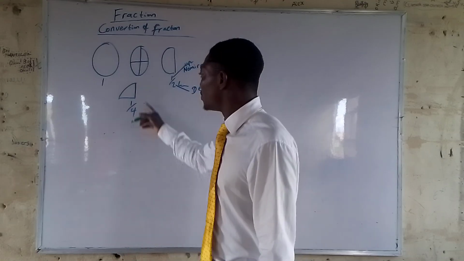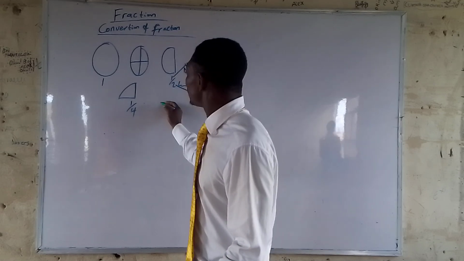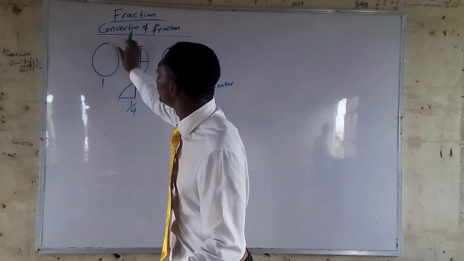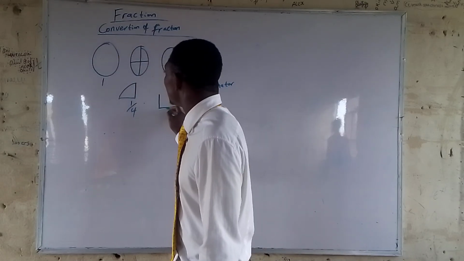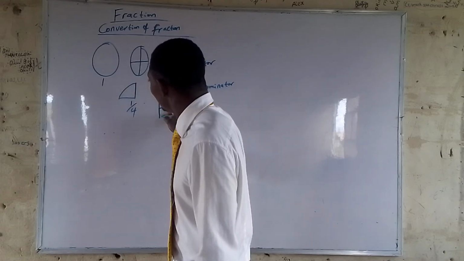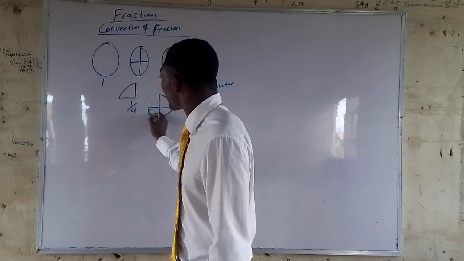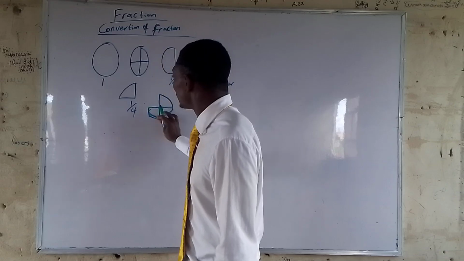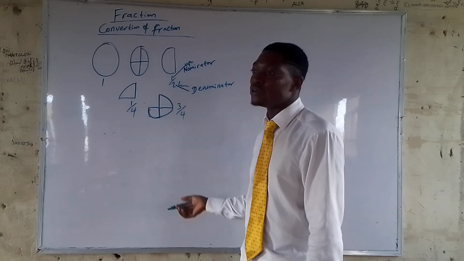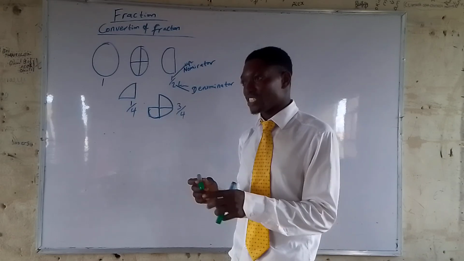The same thing, we can bring out 3 of them, and we will be left with this and this. This is what we have as 3 of 4, which is 3/4. And this is what we call fraction.